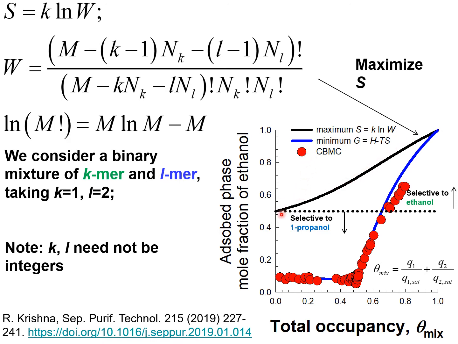So the black line represents the composition of the adsorbed phase, that is the Kamer, that results in the maximum value for S.